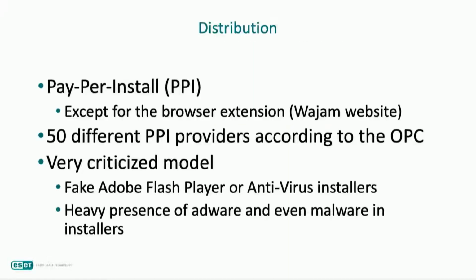Regarding the distribution, as I said before, a browser extension was initially available from the Wajam official website until 2014, but it is essentially diffused by using the pay-per-install distribution model. According to the OPC, the Office of the Privacy Commissioner of Canada, in the report they published in 2017, they used more than 50 different PPI providers between 2011 and 2016.